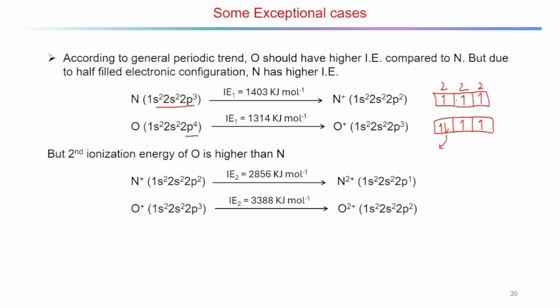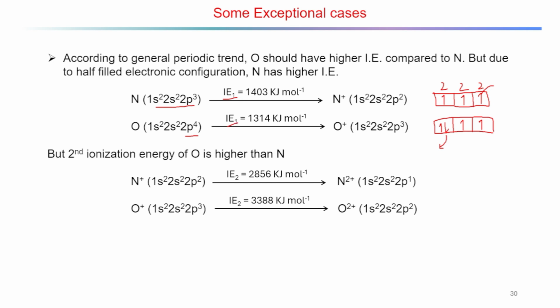So these electrons can exchange their positions, and that's why they have better stability. But if you remove one electron, their exchange energy will decrease. So that's why this nitrogen will not let the electron go. Okay. Because of that reason, the first ionization energy of nitrogen is more compared to the first ionization energy of the oxygen.